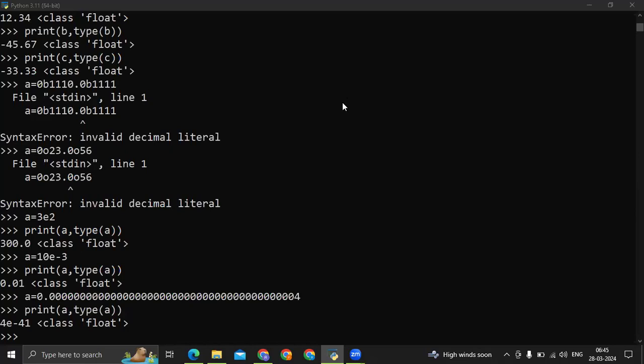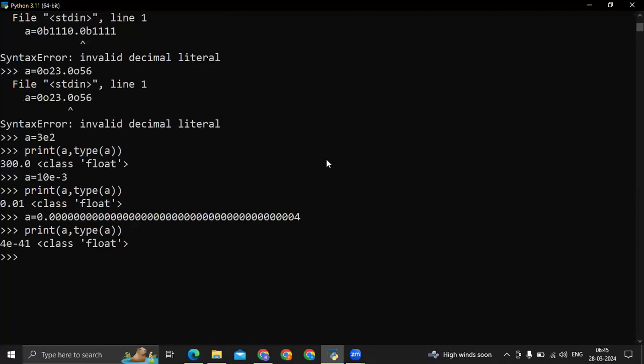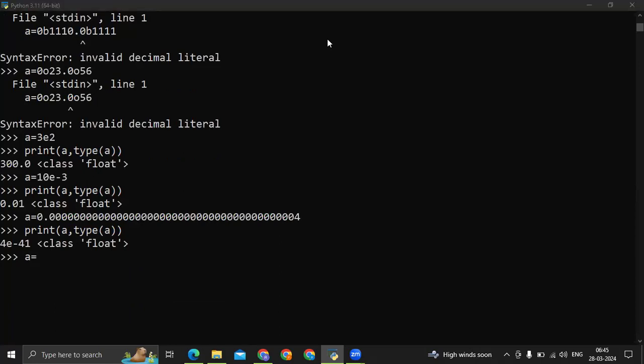Let's take some digit like A is equal to... no, you need not memorize these, dear. You should be aware of them, but you need not memorize them.